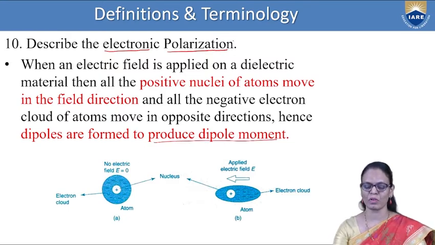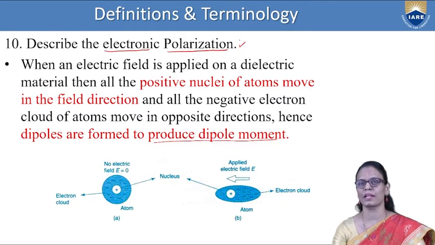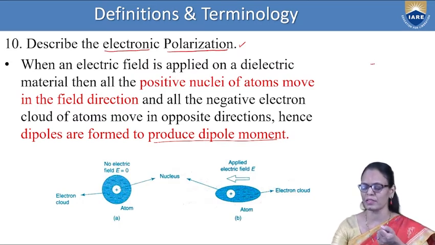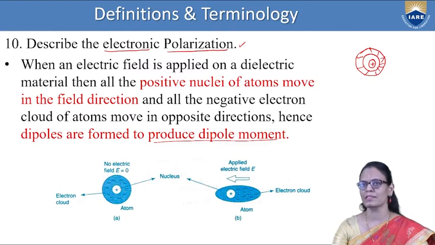This phenomenon we call electronic polarization. An atom has a positive nucleus at the center, and electrons revolving around the nucleus in circular orbits. We consider all this as the electron cloud and the positive nucleus at the center.